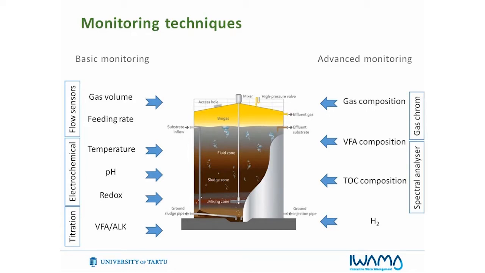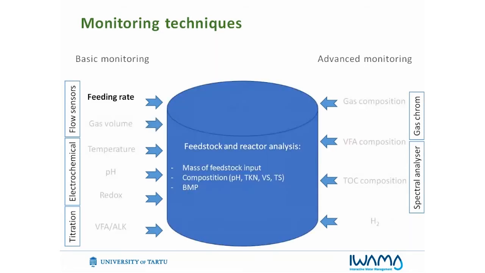There are lots of different ways. There are simple, basic monitoring ways, and more advanced monitoring ways. The feeding rate, of course, can be controlled, everybody controls it. That gives us the basic data for modeling of the digester, the basic composition of feedstock, and the reactor and feedstock analytes are basic information.